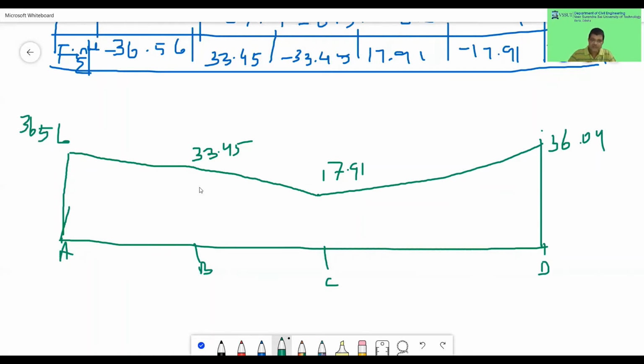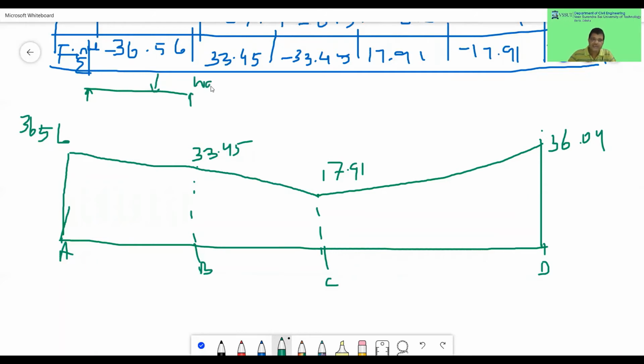Now with these we have to provide this value of positive values. Now what are the positive values? In the first span you have this load of 60 kilonewton. You have the load of 60 kilonewton at a distance of 4 meters from here. So what is the simple supported value?